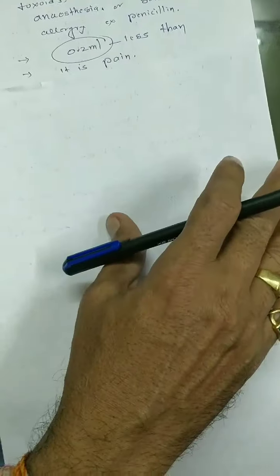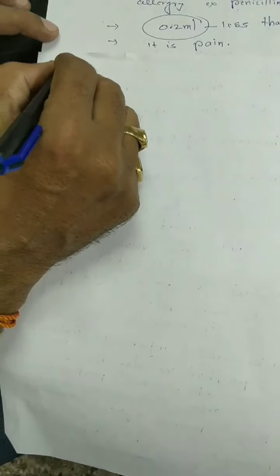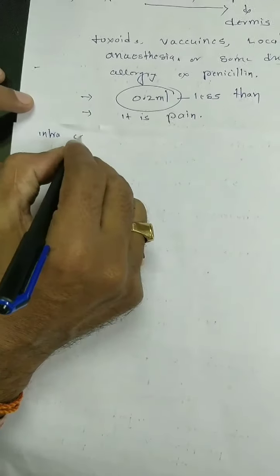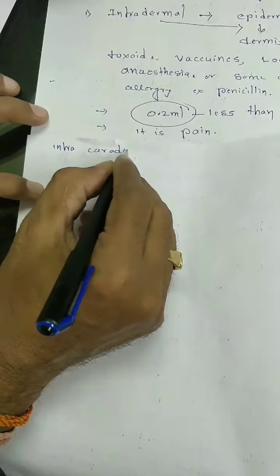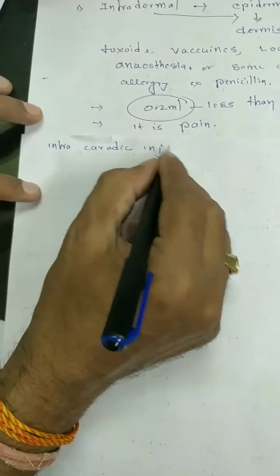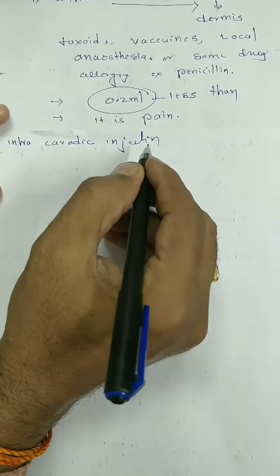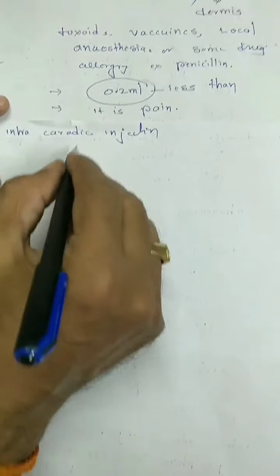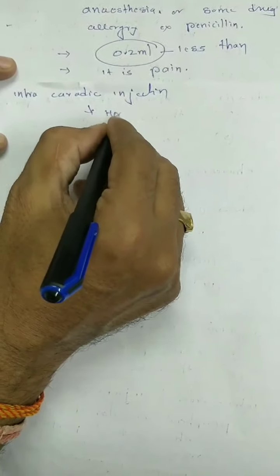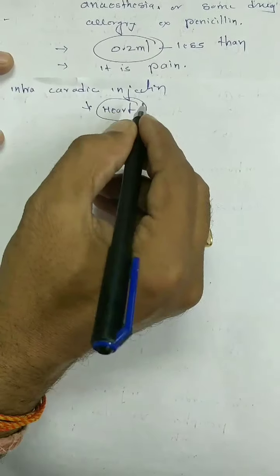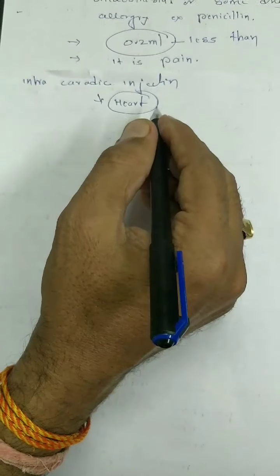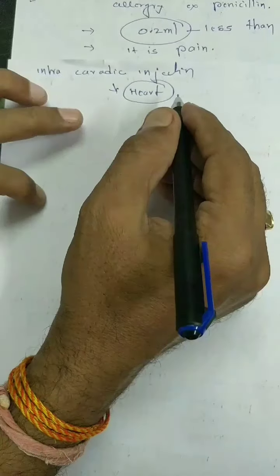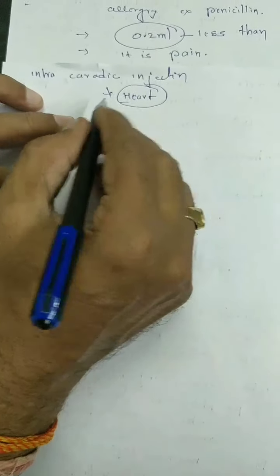Now the next one, intracardiac injection. The drug is directly administered into the heart. When a patient has a heart problem, a heart attack, the drug can be administered directly into the heart. Adrenaline is such a drug.